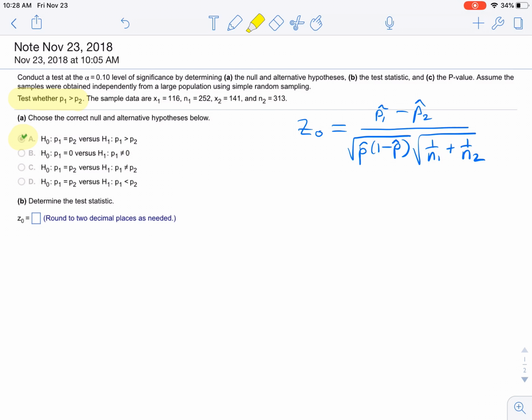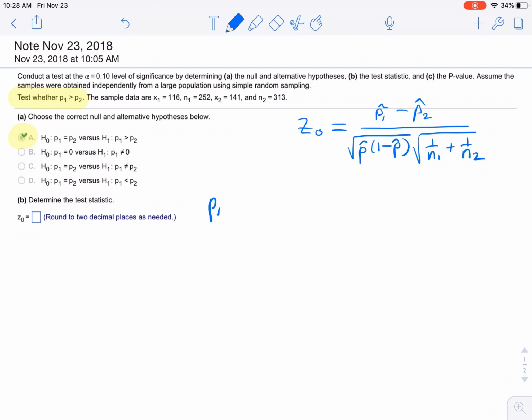To determine the test statistic, we have this formula here, P1 hat minus P2 hat. Let's find P1 hat and P2 hat. P1 hat is 116 divided by 252. We don't even need to get that actually. Let me show you one thing you can do. P2 hat equals 141 divided by 313.